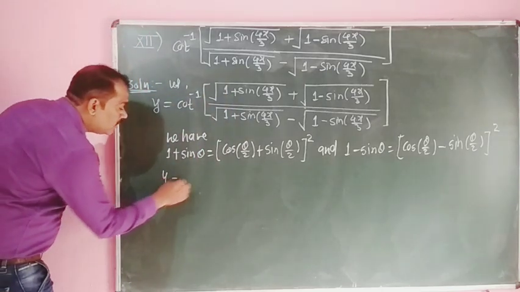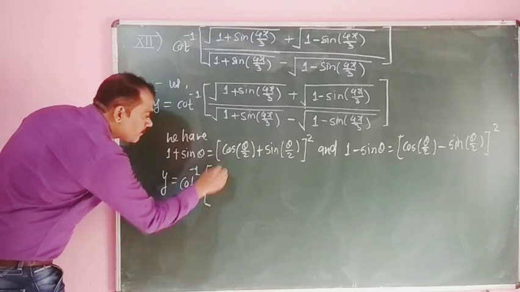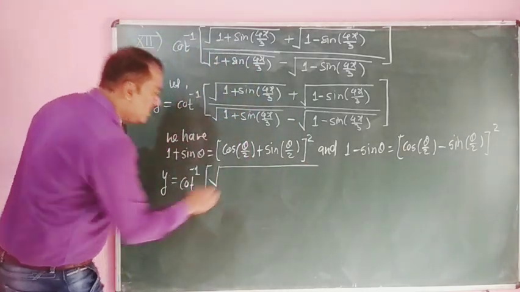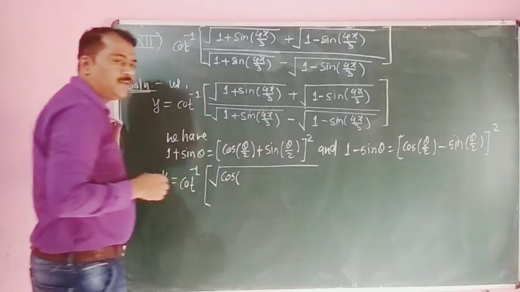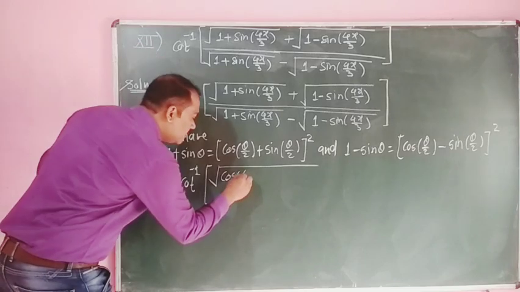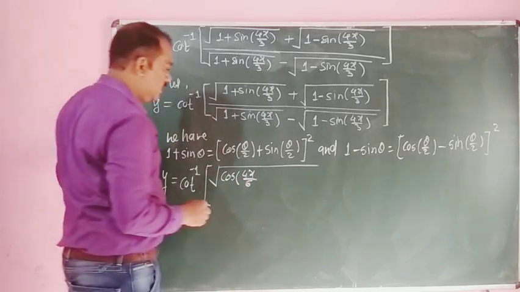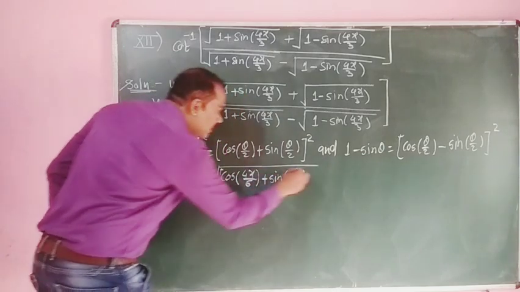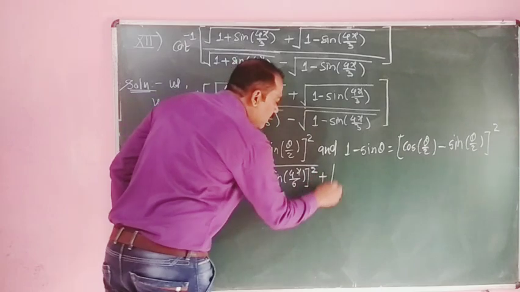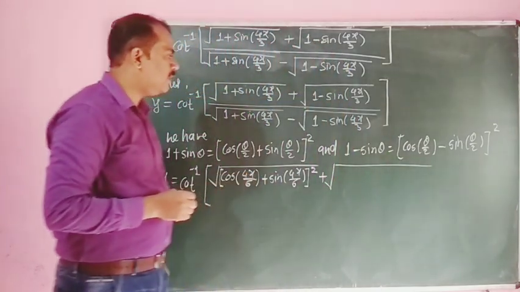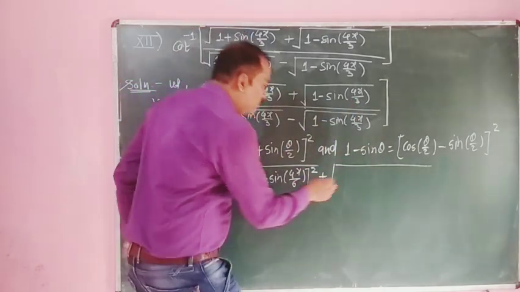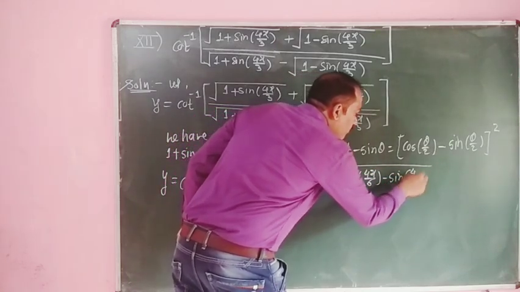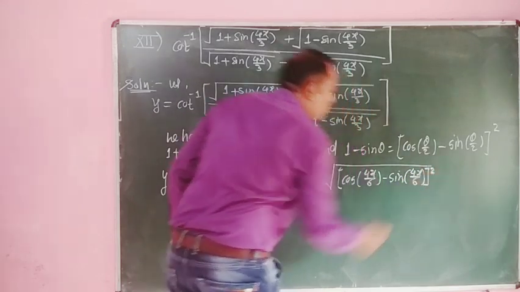We get y is equal to cot inverse of under square root of, by using the formula, cos of theta by 2, where theta is 4x by 3 and its half is 4x by 6, plus sine of 4x by 6, bracket square, plus under square root of, using the formula related to 1 minus sine theta, cos of 4x by 6 minus sine of 4x by 6, bracket square.